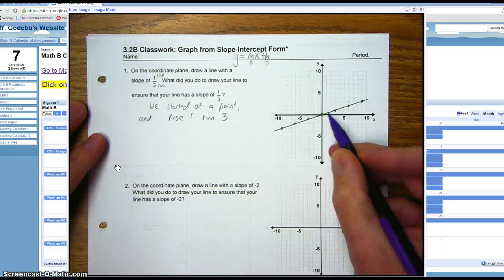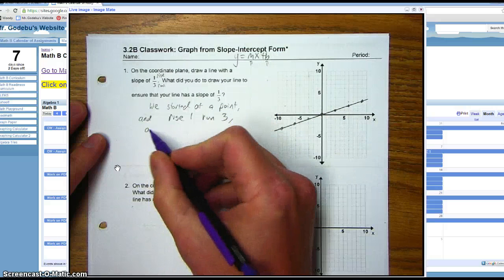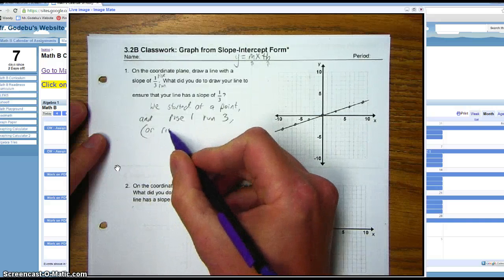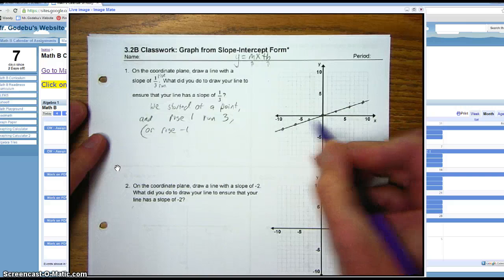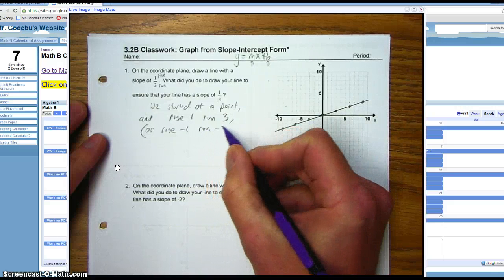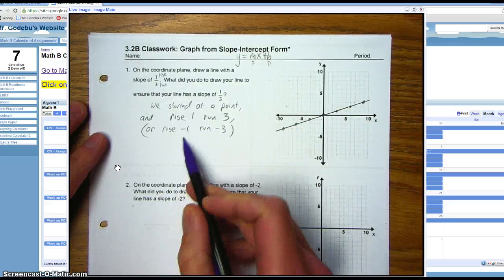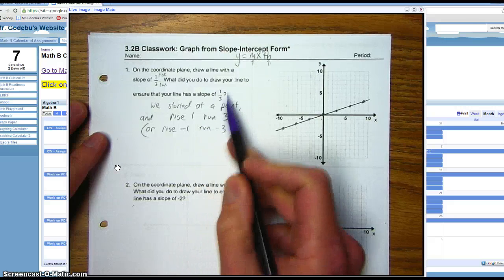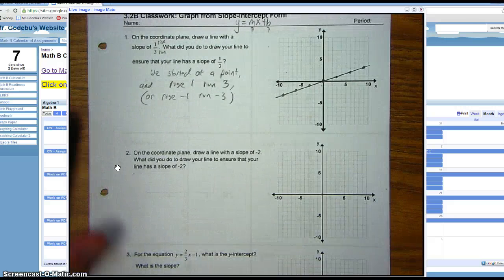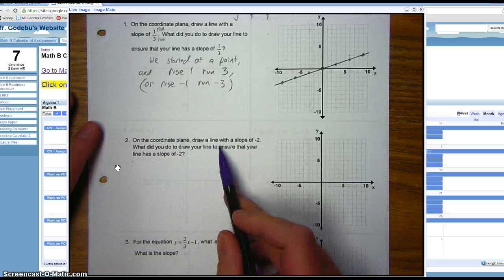By the way, what did we do when we went the other way? Or rise -1 and run -3. Of course, you know why those are the same, because negative divided by negative is really a positive. Any questions? Good. On a coordinate plane, draw a line with a slope of -2.